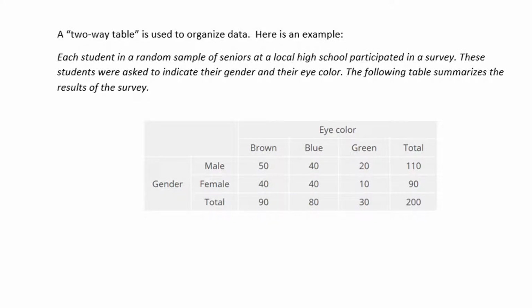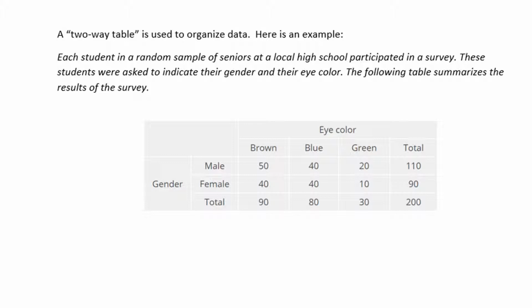So a two-way table is just a format that's used to organize data. And we have an example of how to create a two-way table and utilize it. Each student in a random sample of seniors at a local high school participated in a survey.